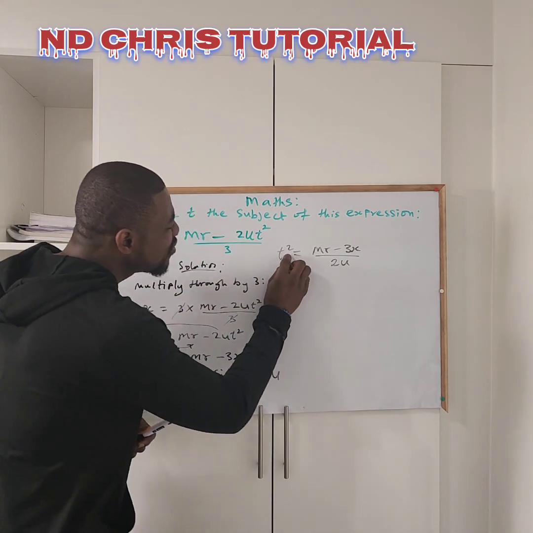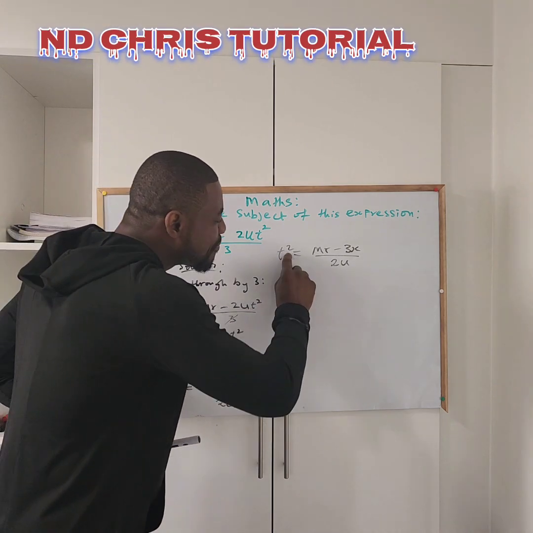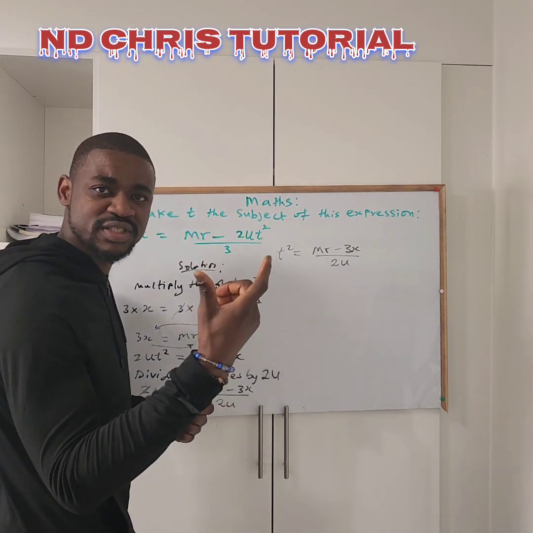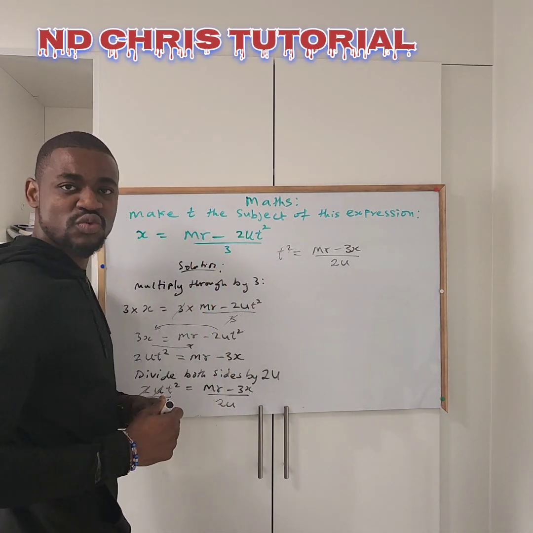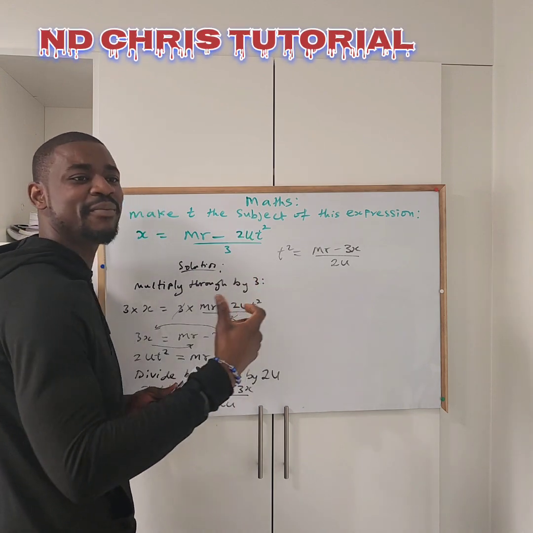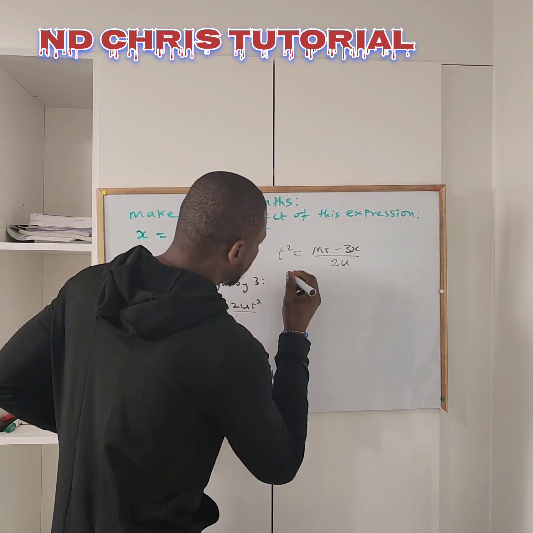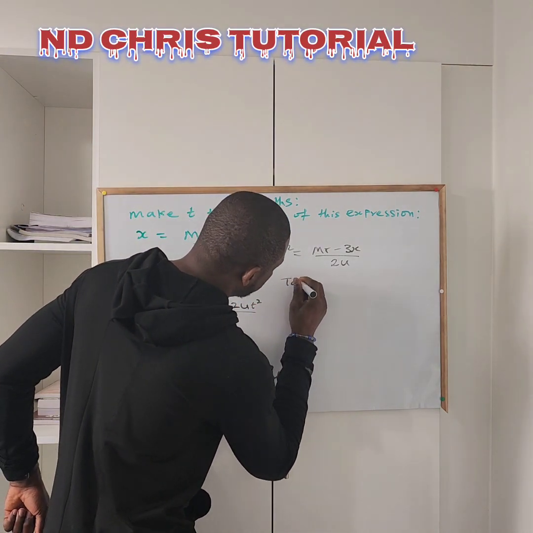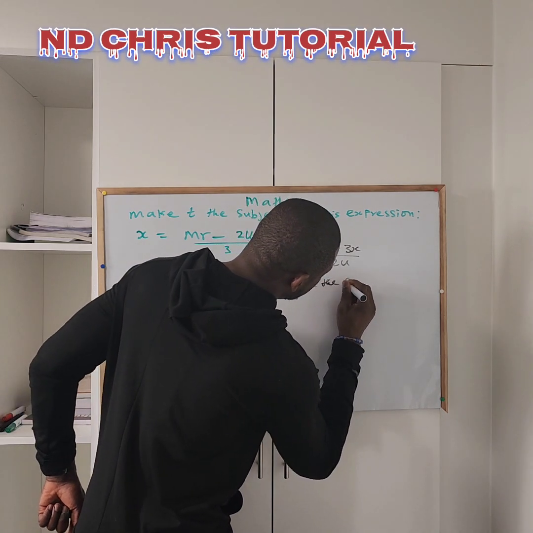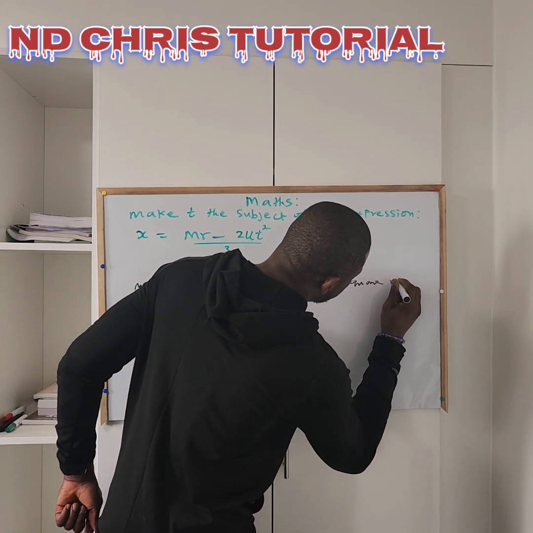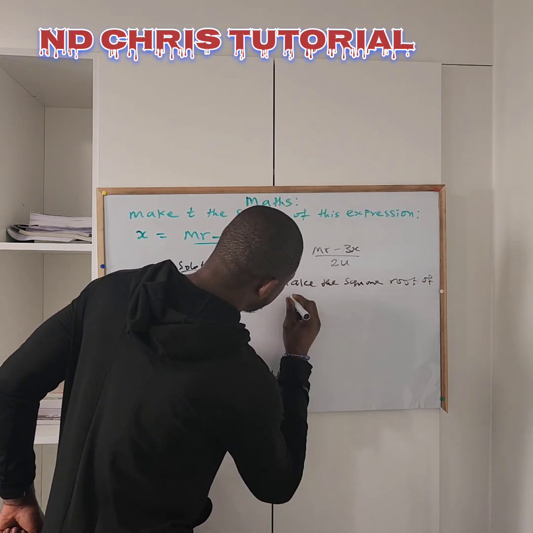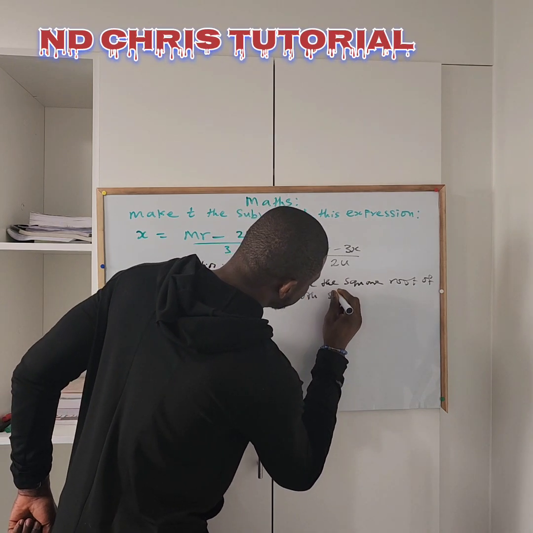So what do we do to remove this power? Whenever you want to remove a given power, you introduce the root, especially if it is 2, square root. So the power of 2 is removed by the introduction of square root. Take the square root of both sides.